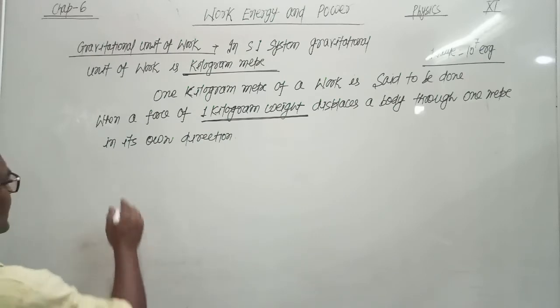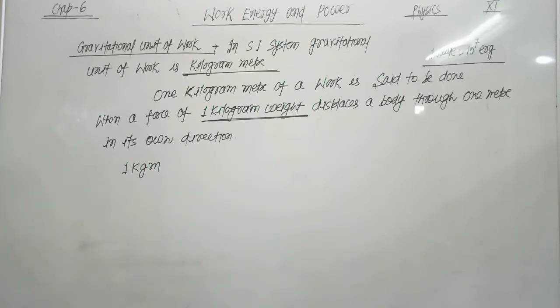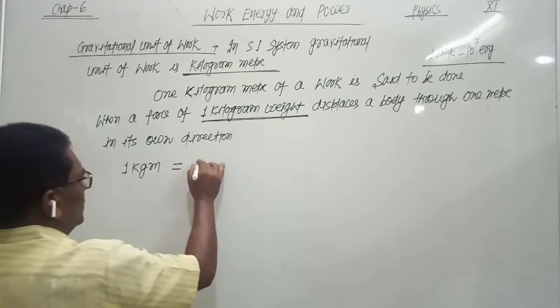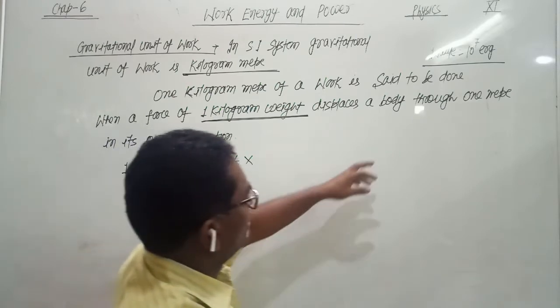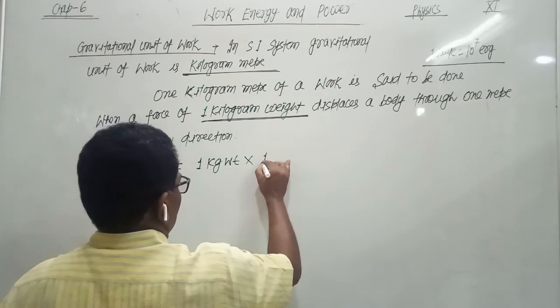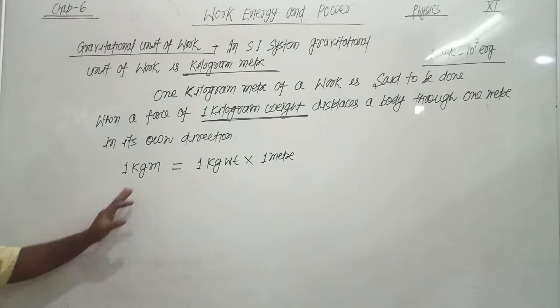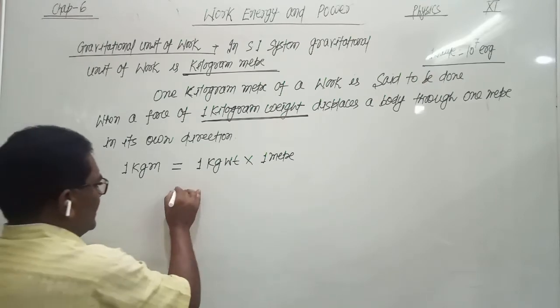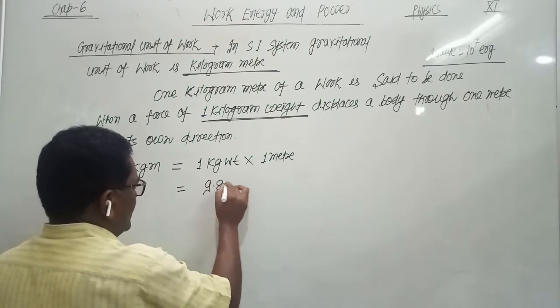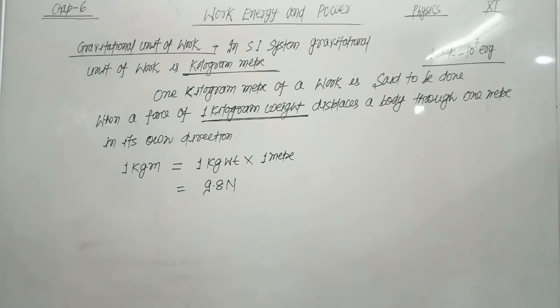So 1 kilogram meter work is equal to 1 kilogram weight into the displacement of 1 meter. 1 kg weight is equal to 9.8 Newton.